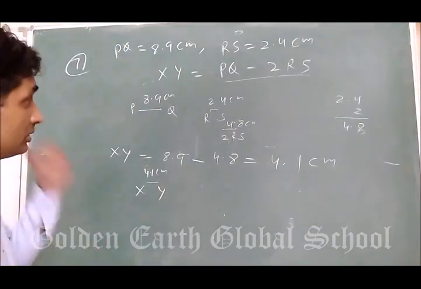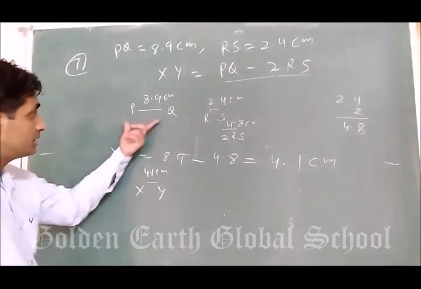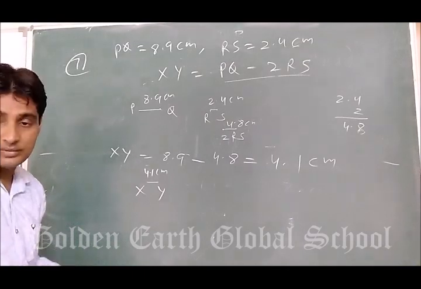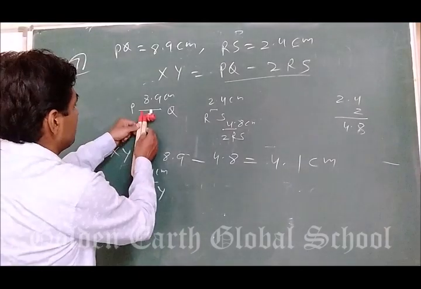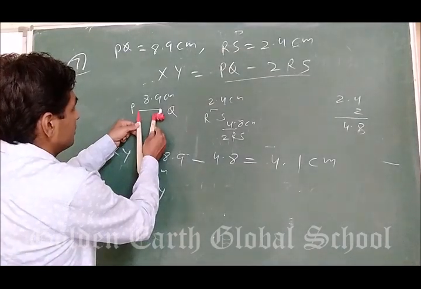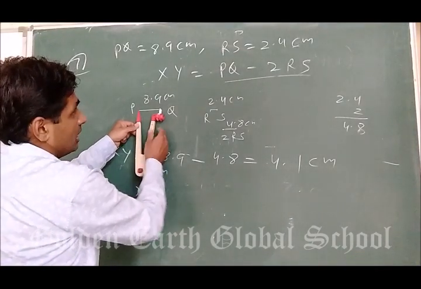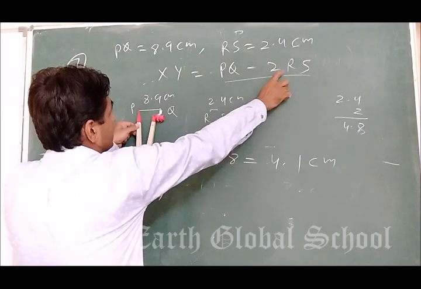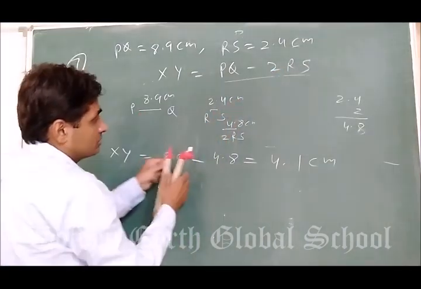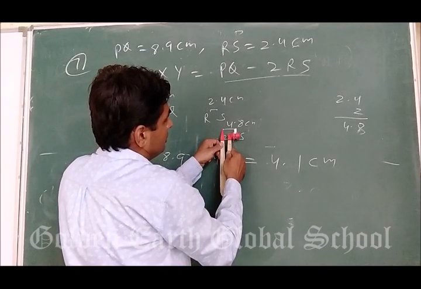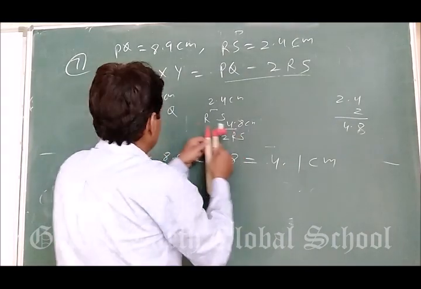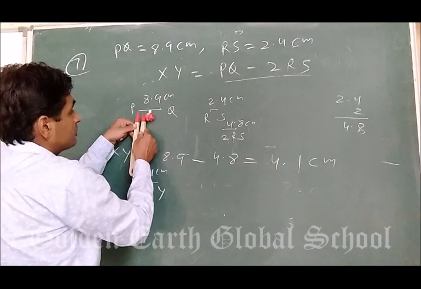Okay, so how you can check if PQ is 8.9 centimeter? So after that you have to subtract 2RS. So 2RS is this one. So you have to measure this one. Okay, so you have to subtract.